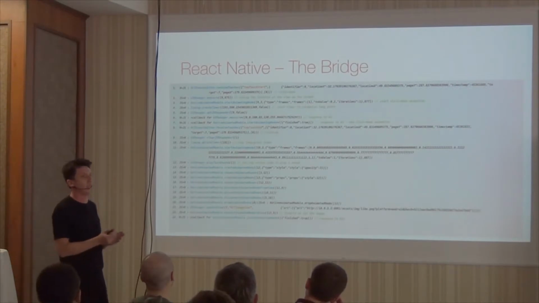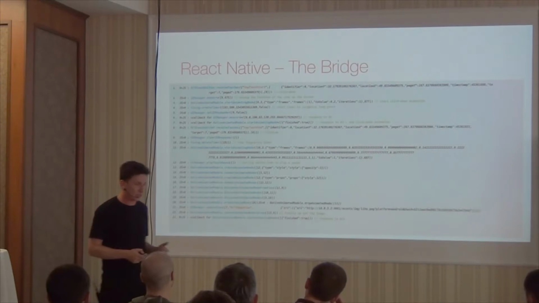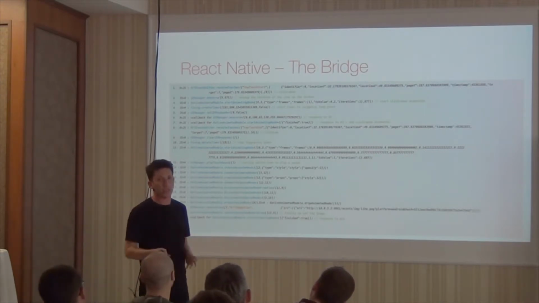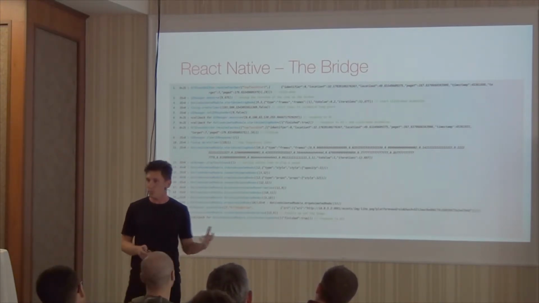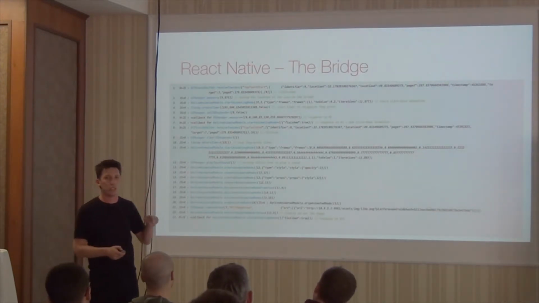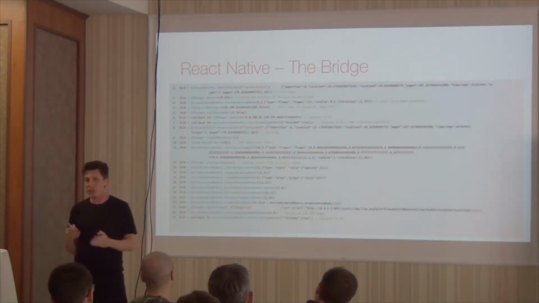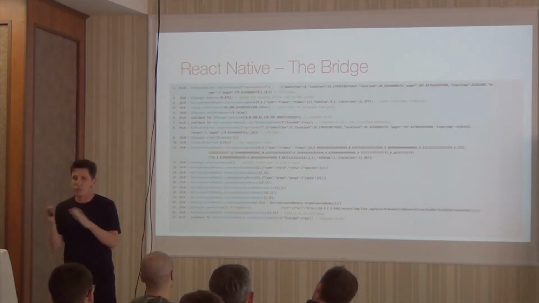The fact that we have a single bridge and the JavaScript is single-threaded means that in some cases the bridge and the JavaScript thread might be busy. For example, these are the messages that are passing on a single click. Although they are batched, it's still a lot of strings to serialize, deserialize, and move between the threads.